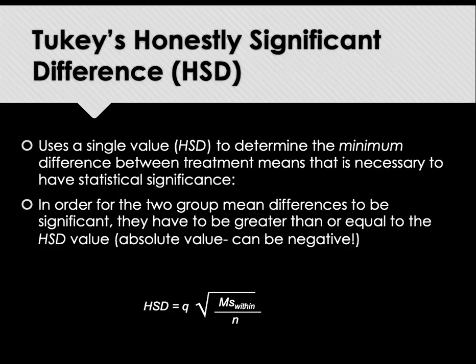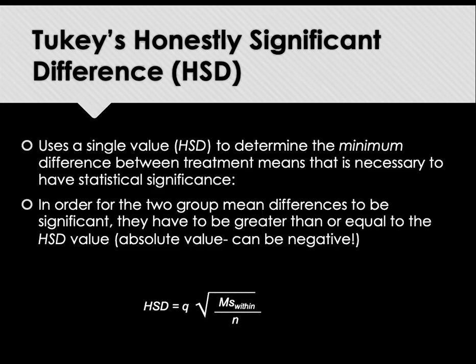Tukey's uses a single value to determine the minimum difference between treatment means that is necessary to have statistical significance. So read that again and make sure you understand. So Tukey's calculates this HSD value, and down here I've given you the formula for how to calculate it.